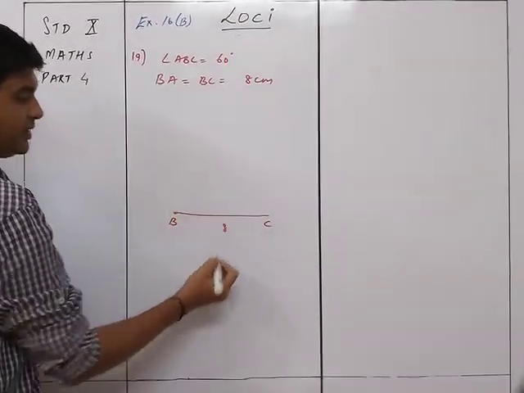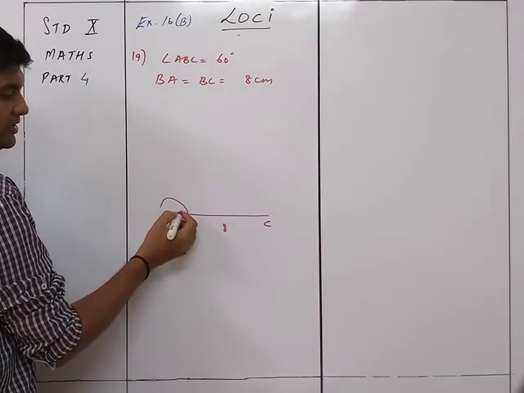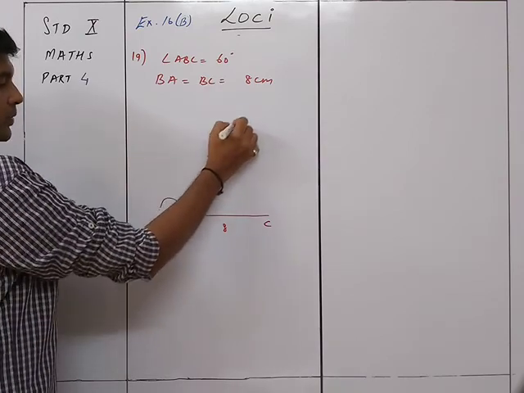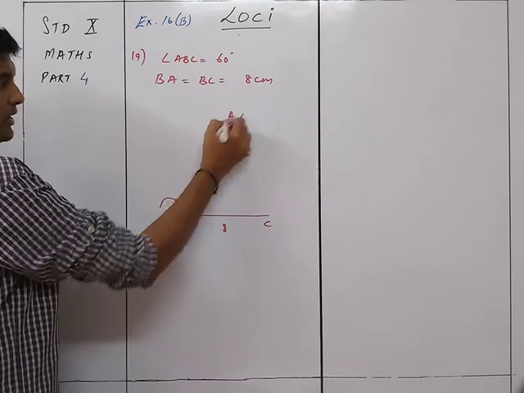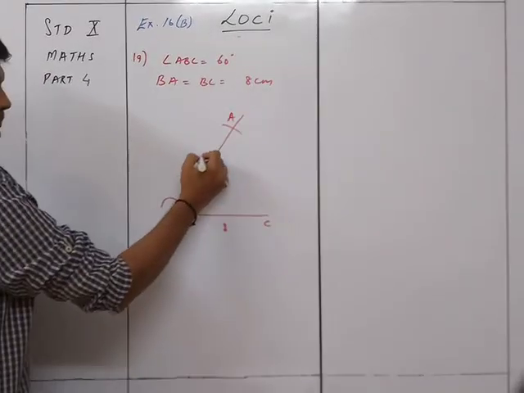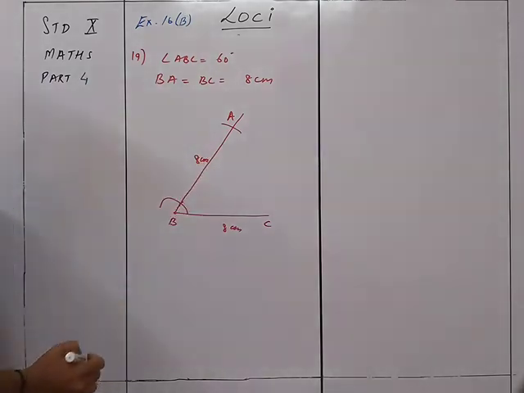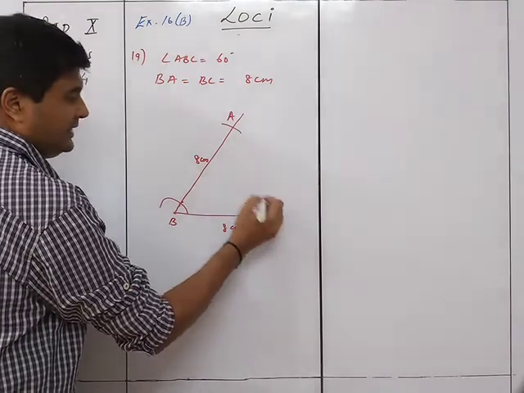We take it as 8 centimeters, and then you are going to draw 60 degrees over here, so a semicircle, and with the same radius an arc to give you the required 60 degrees. You mark 8 centimeters over here to give you point A. So this is 8 centimeters also, and you get this as 8 centimeters each.